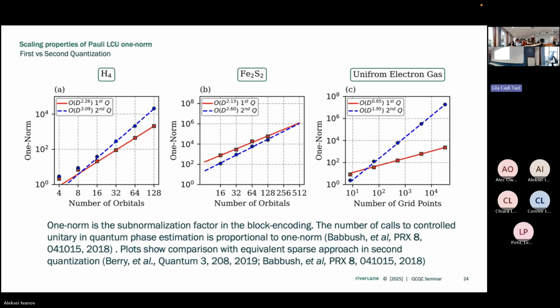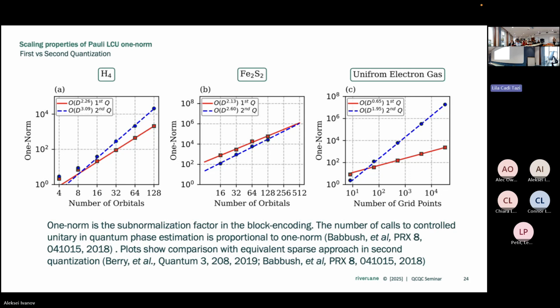This is just changing the formalism. Everything else is the same: all matrix elements, geometries, basis, everything. You can see that for H4, the norm is smaller even for a small number of orbitals. It's not even in an asymptotic regime. We can see some speed up, but it's less than 1 over d.